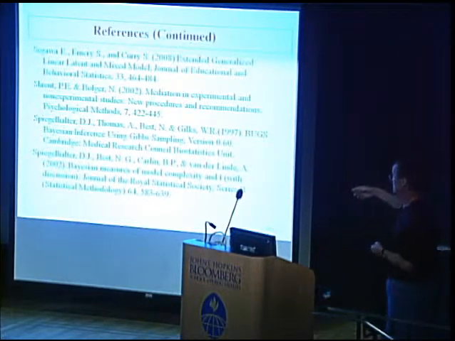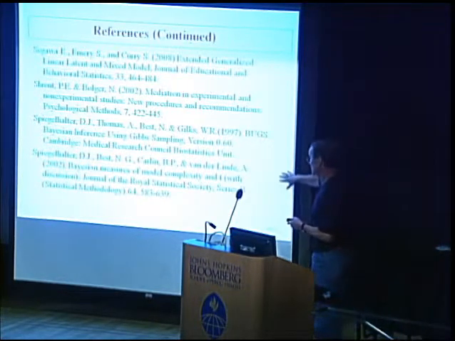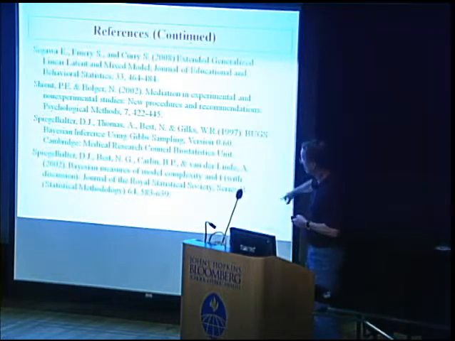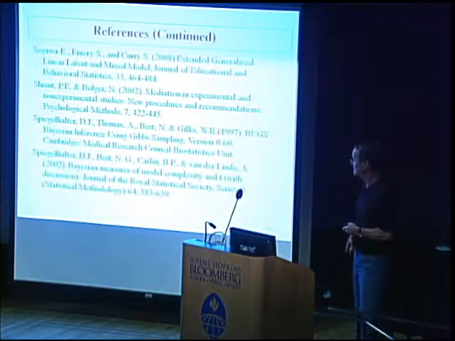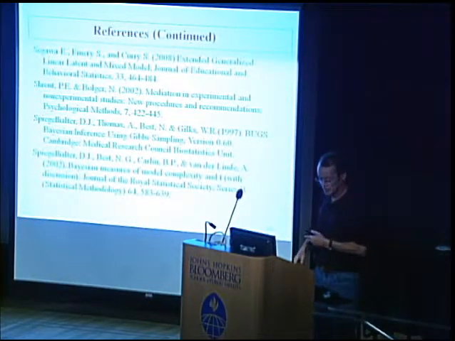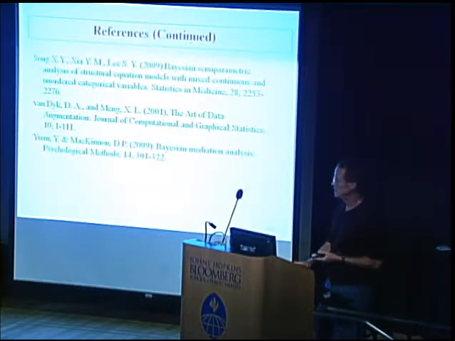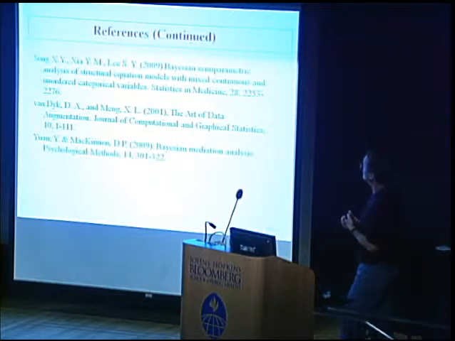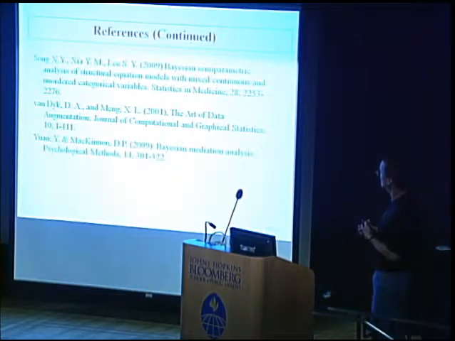And here's the Spiegelhalter et al. paper in JRSSB where they talk about the DIC and have a discussion about that, with people who are pro and con. And apparently Bayesian analysis has to do with semi-parametric modeling, which is almost like non-parametric modeling of structural equation models. So you see more and more Bayesian papers related to latent variable models.